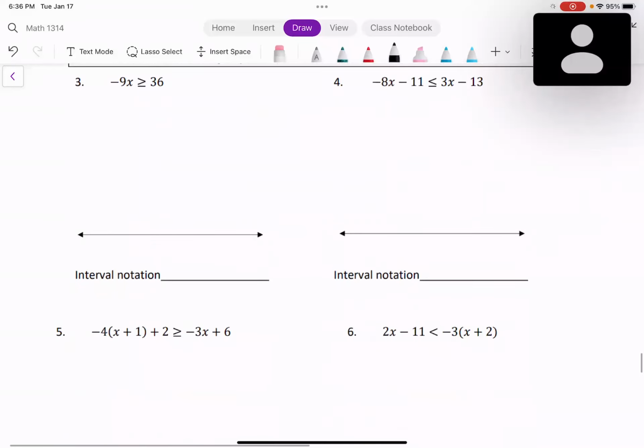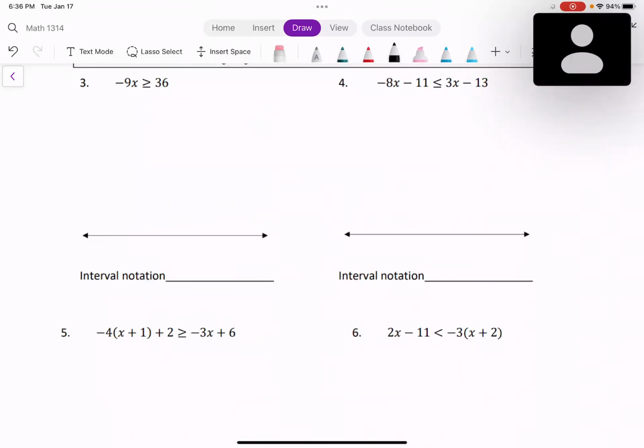So remember, when you multiply or divide by a negative number, both sides of the inequality, you must reverse the direction of the inequality symbol. Let's solve for the x. The example 3, -9x is greater than or equal to 36. If I'm solving for the x, I must divide by a negative number, -9.